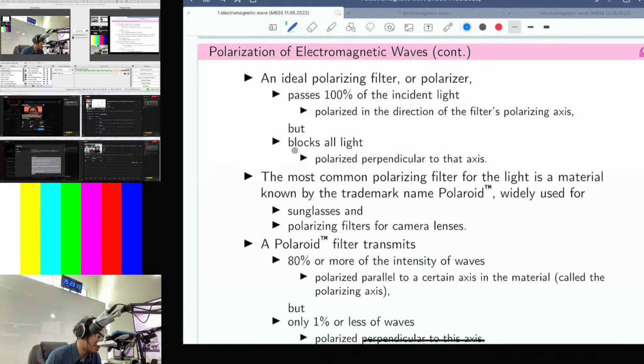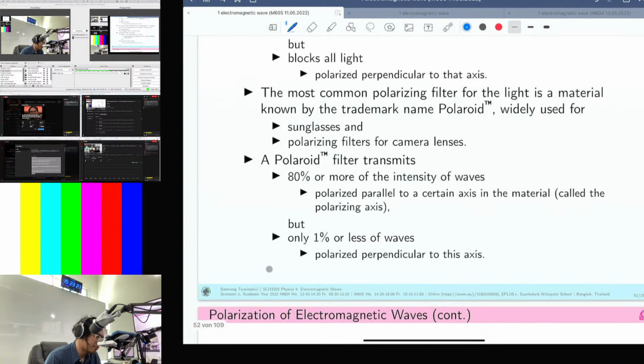Okay, the Polaroid doesn't block light completely when that light is perpendicular to the axis. It will allow approximately 1% or less of the wave. Actually it should tend to be 0, but due to practical manufacturing, it will allow 1% of the wave that is polarized perpendicular to that axis.